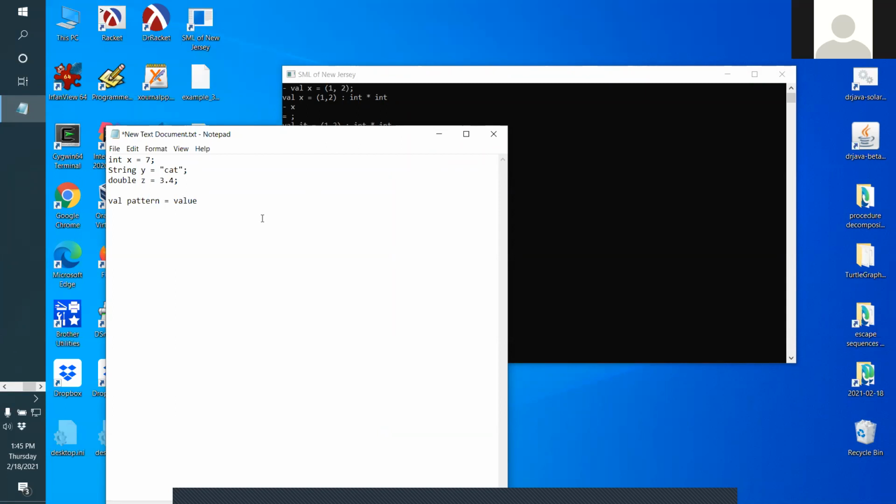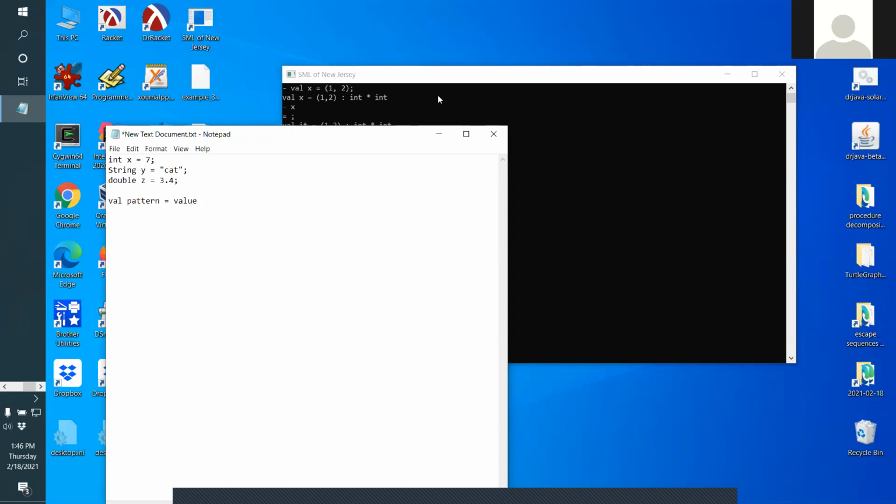Okay. The pattern can have variables in it. The pattern's supposed to match the value, and the variables in the pattern are matched up with things in the value. Okay. So this is ML's way of doing things. The assignment statement actually takes what we call a pattern on the left.